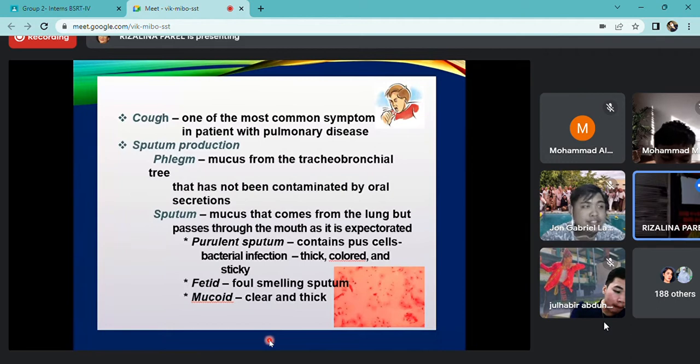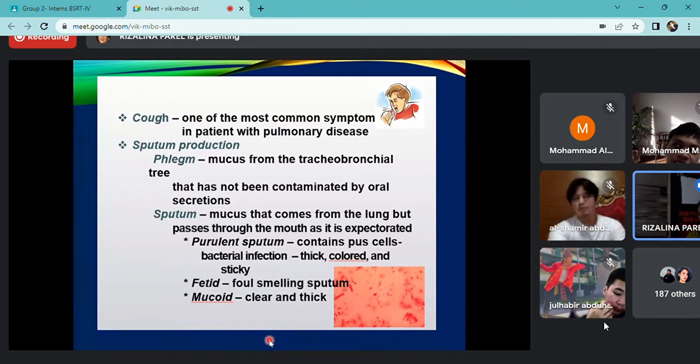And if the sputum color is green, possible na dahil meron ng dating retained secretion. Okay, so yan yung nagsususpect tayo for Pseudomonas aeruginosa. But green, mostly, ay merong retained secretion. Kung brown naman yung kanyang sputum, from yellow, naging brown, then lumala na yung kanyang infection.